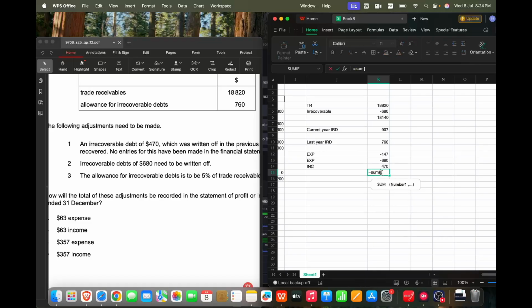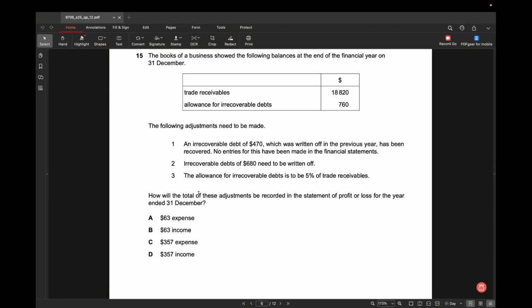Now this will give you how much amount you'll add and subtract in your profit. So basically we will subtract 357 from our profit. So the right answer for 15 is 357 expense, C.